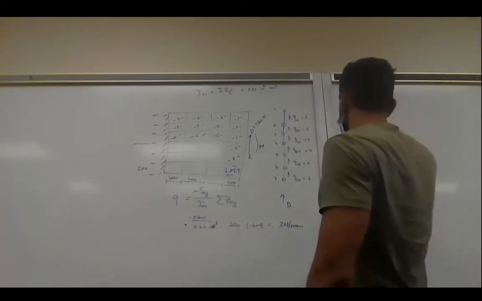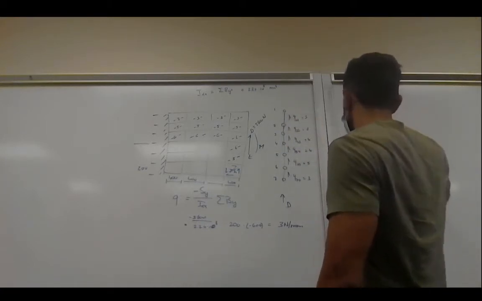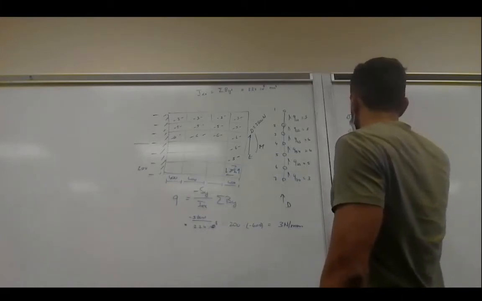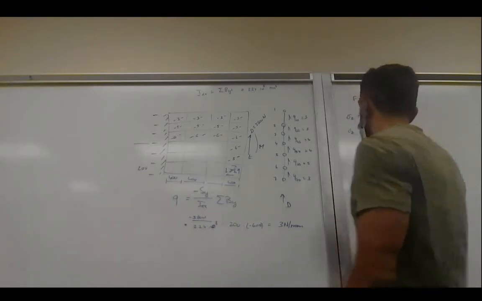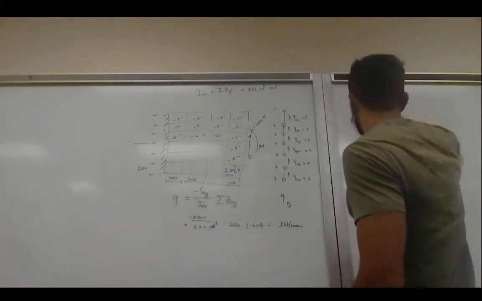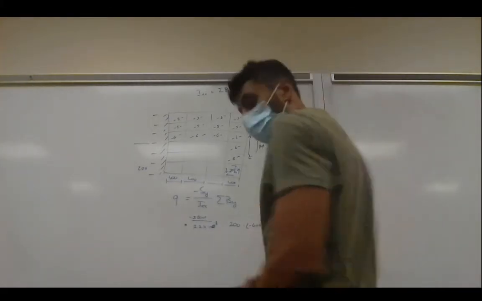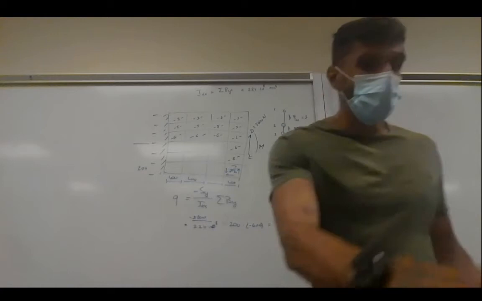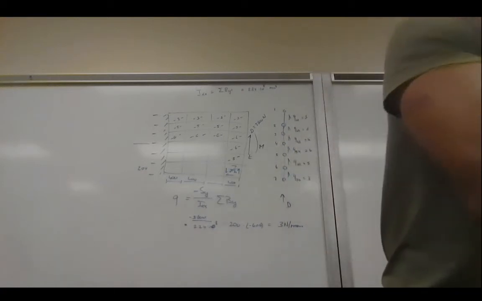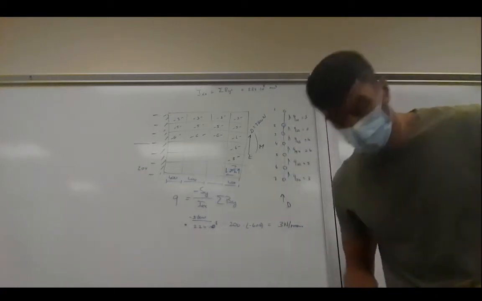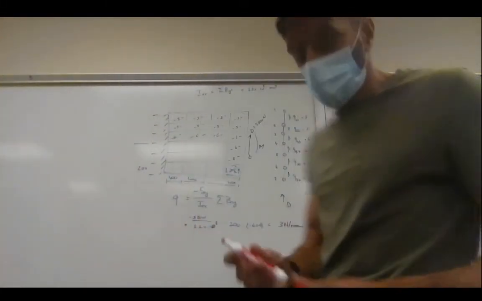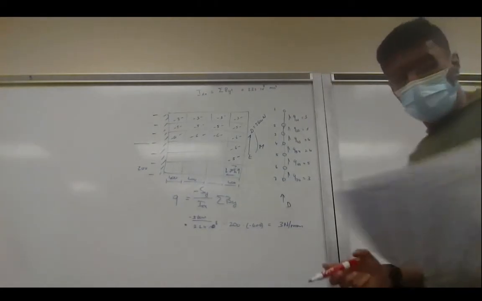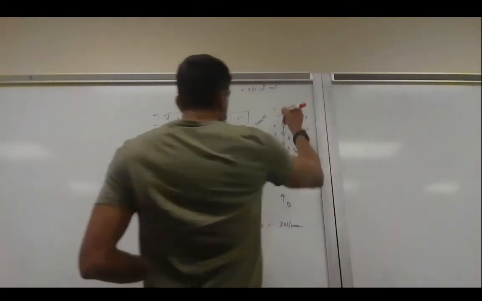And once we have the stresses in the booms, we multiply by the area that was given, that was 200 millimeters squared, and we get the force P. So if you do the stresses in the booms, let's calculate again. And we can calculate the stresses.